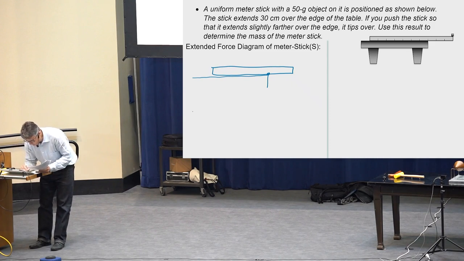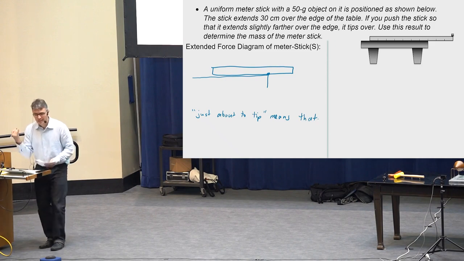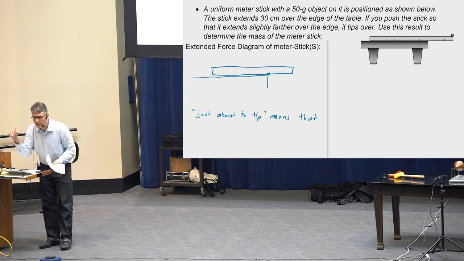I will just put it down here, just about to tip, which means that only the right edge of the table is really touching the meter stick. So all of the normal force gets exerted by the right edge of the table, if you can kind of imagine that.